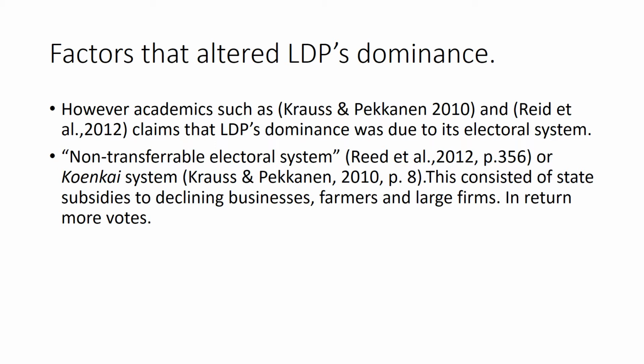So that was another way Reed, Scheiner, and Thies would describe the non-transferable voting system: the LDP would lure people to vote for them by pouring enormous amounts of pork barrel spending.